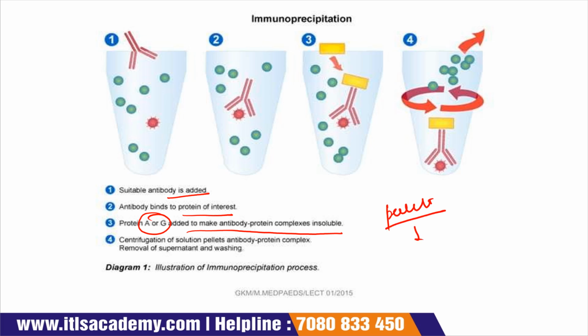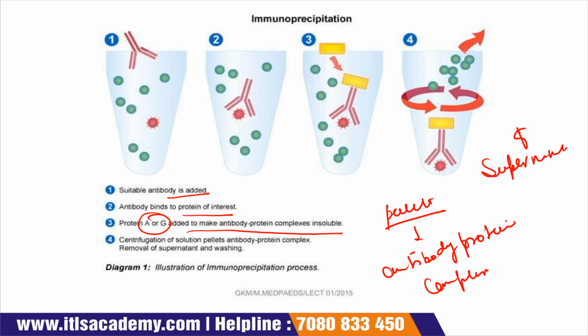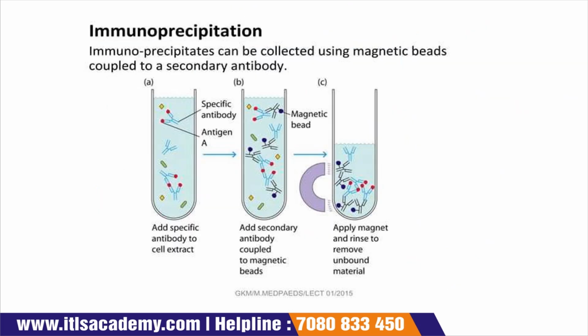These pellets are the antibody-protein complex, and the supernatant we discard. Okay, so this is about immunoprecipitation. Now come to the next slide. Again, this is your immunoprecipitation. Sometimes we use magnetic beads, so that the magnetic bead binds to a secondary antibody.